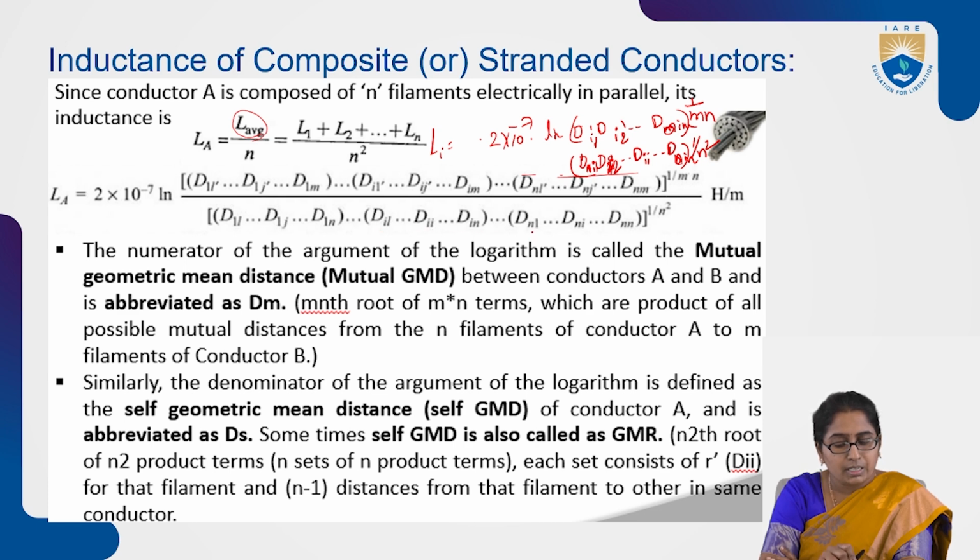Next with respect to the nth element, Dn1, Dni, and so on, Dnn. Whole power 1 by n square.